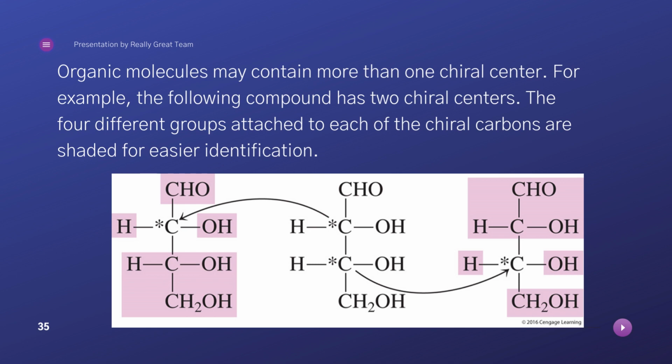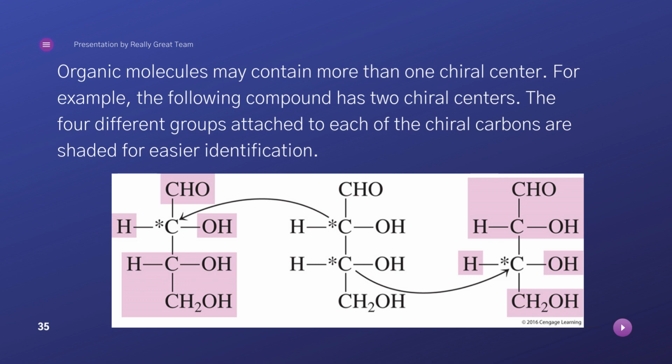So makita ninyo that both of the carbon atoms, being denoted by an asterisk, are chiral centers. Now, for you to be able to identify the four different groups attached to each of the carbon atoms, the groups are shaded in pink.